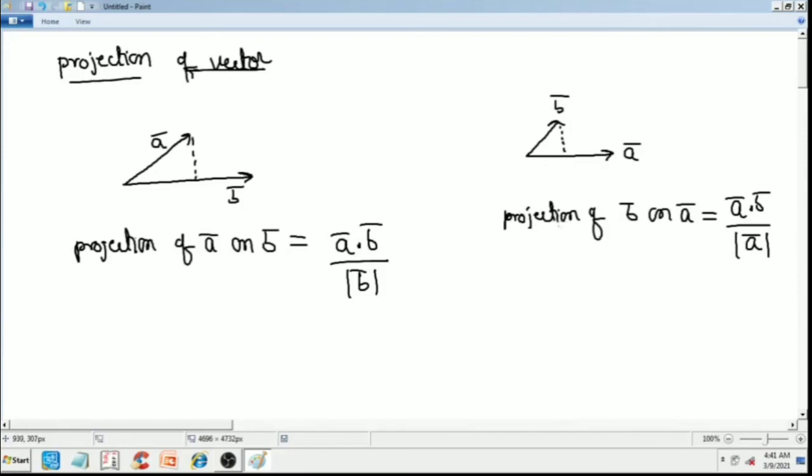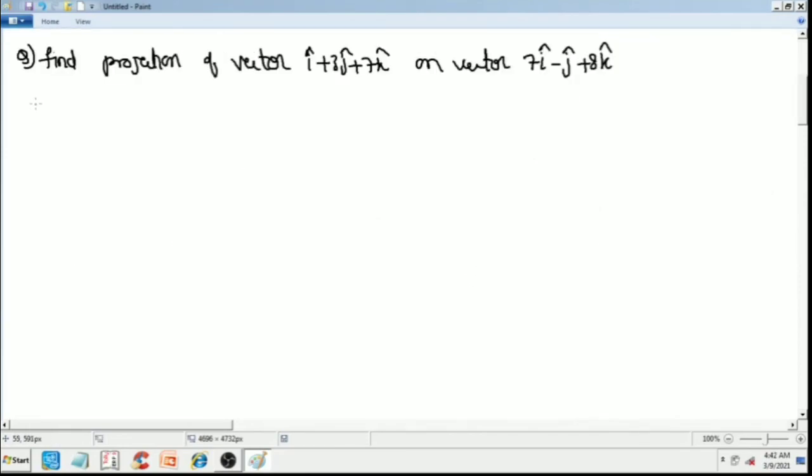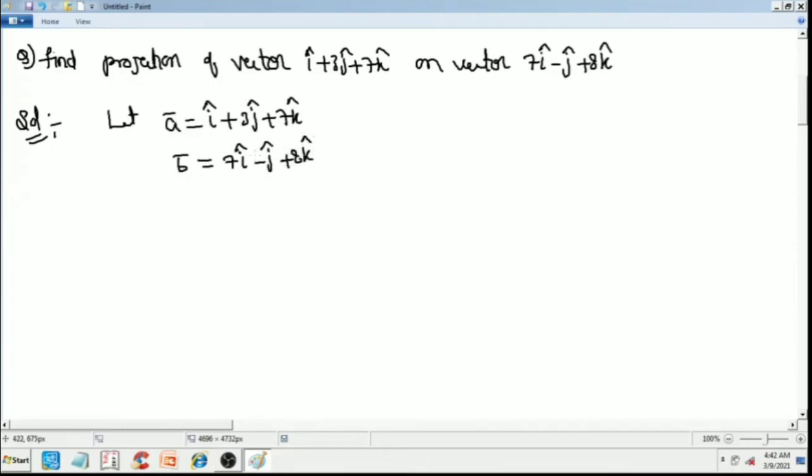Now we will solve one problem. Find the projection of a vector on another vector. Let a equal i bar plus 3j plus 7k bar, and b bar equal 7i minus j plus 8k.